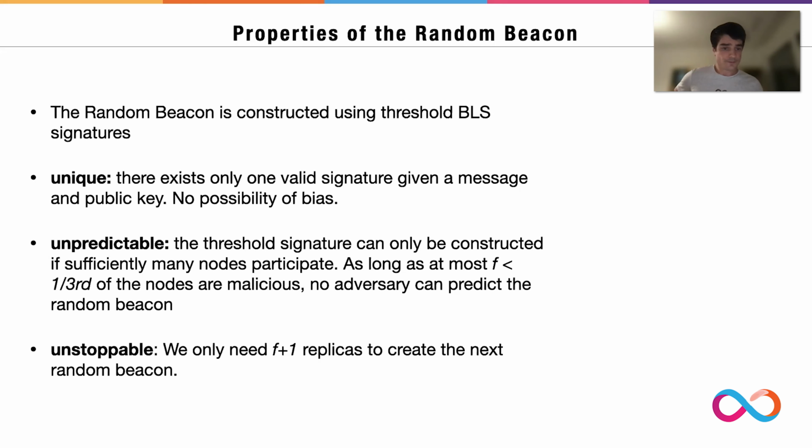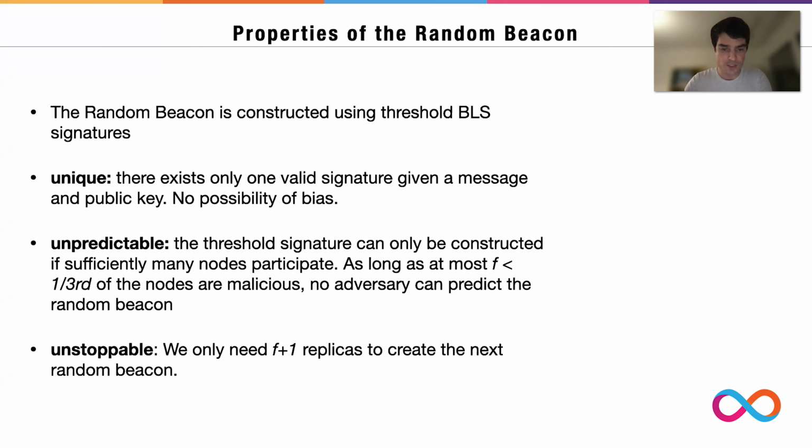This is very nice. Now you might wonder, but then is it still unpredictable? And the cool thing is that it is, because the threshold signature can only be constructed from sufficiently many partial signatures. So sufficiently many nodes must contribute such a partial signature. Only then can we squeeze them together to find the full signature, the full random beacon.